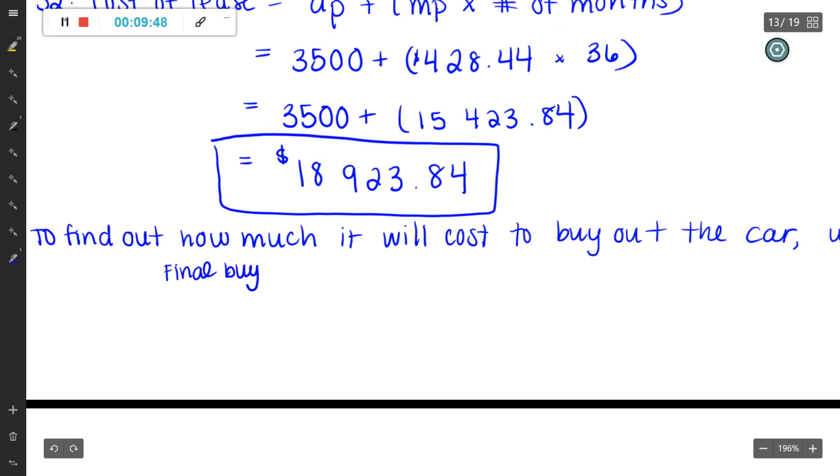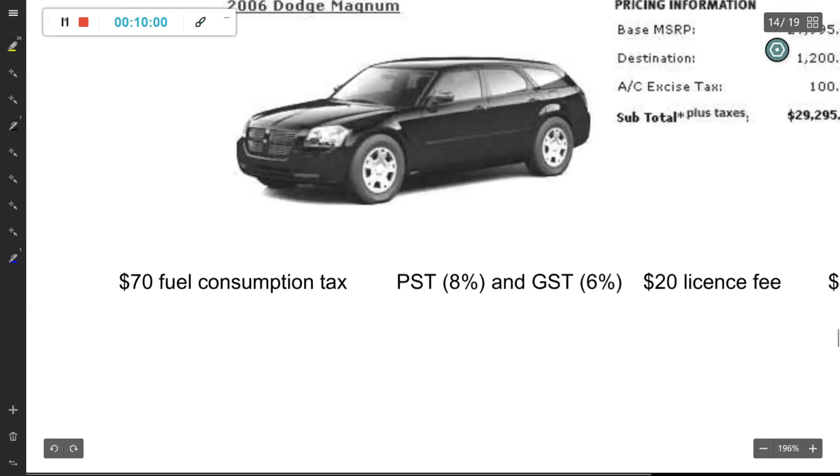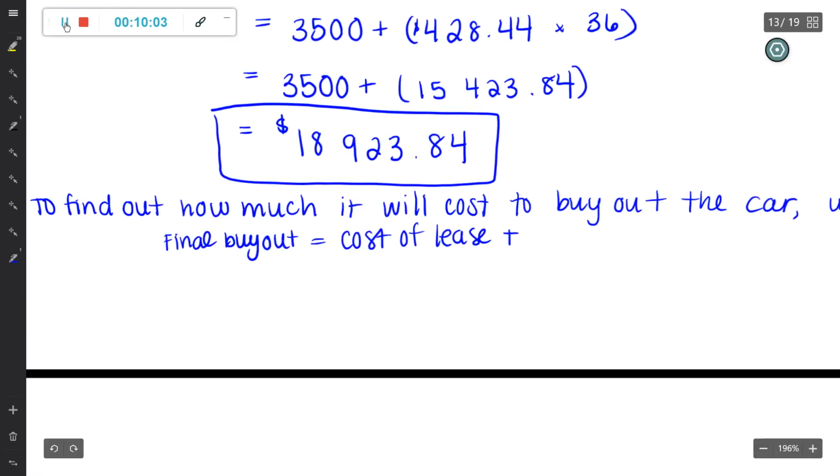So I'm going to write final buyout is equal to cost of lease plus the cost of the purchase price of the vehicle. So I'm just going to add purchase price here.